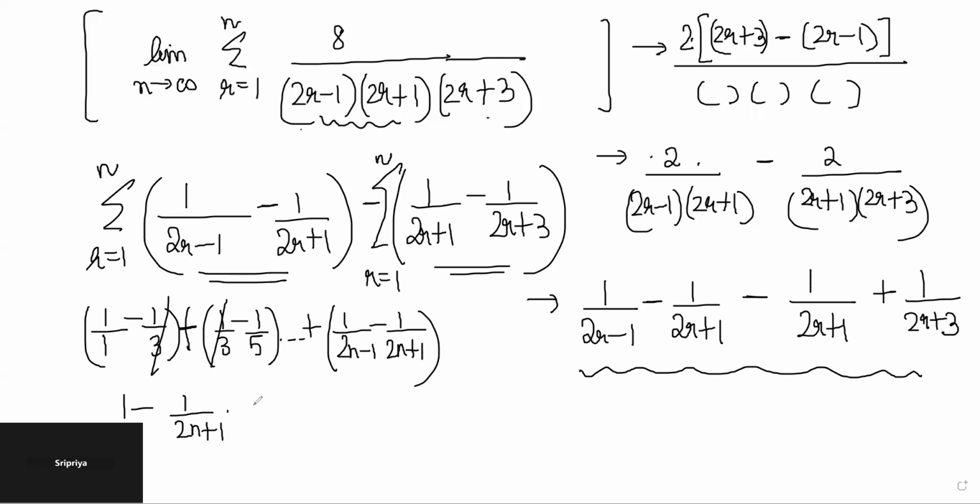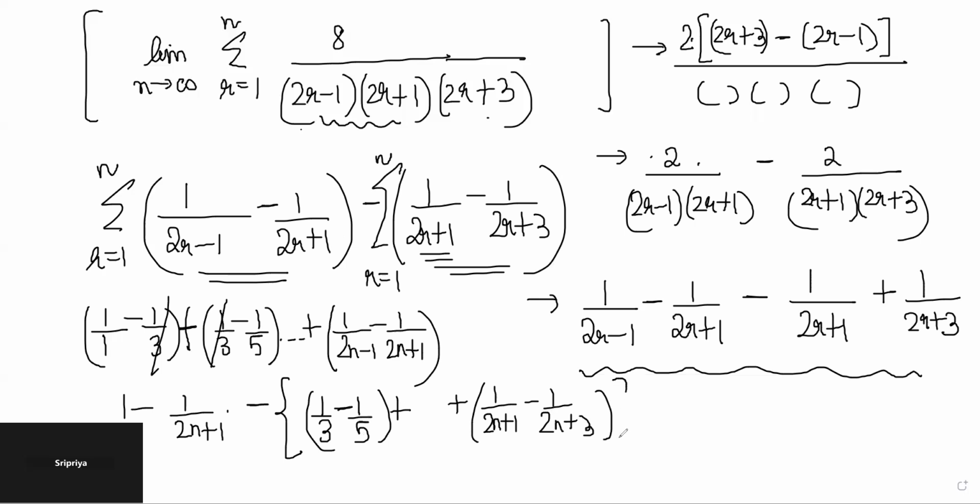Minus here, your starting term is 1 by 3 minus 1 by 5, and after that it keeps going on like that. Last term is 1 by 2n plus 1 minus 1 by 2n plus 3. Only 1 by 3 will remain, and this will remain. So you're getting minus 1 by 3 plus 1 by 2n plus 3, correct?